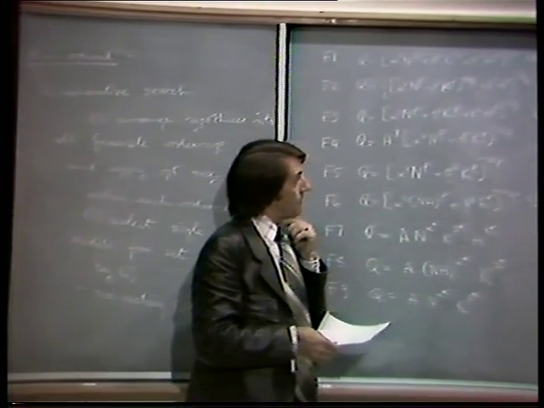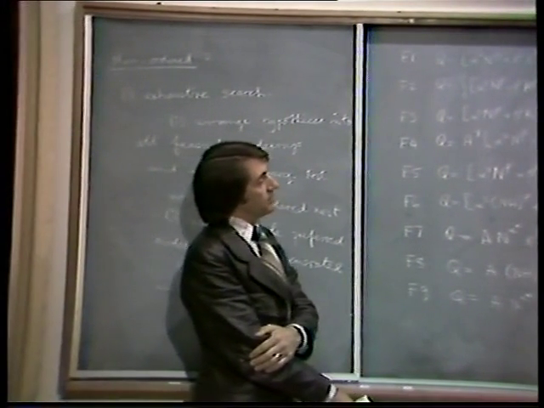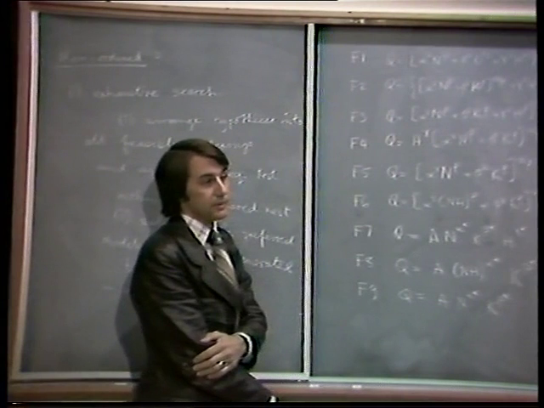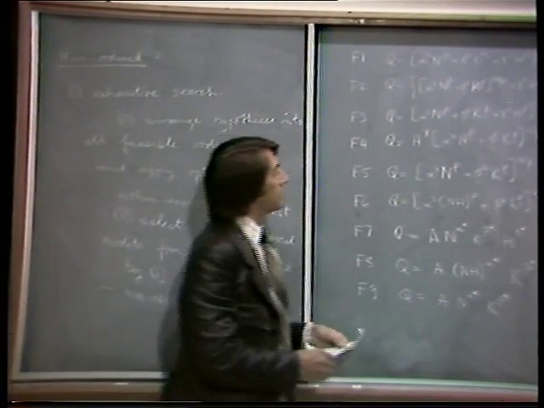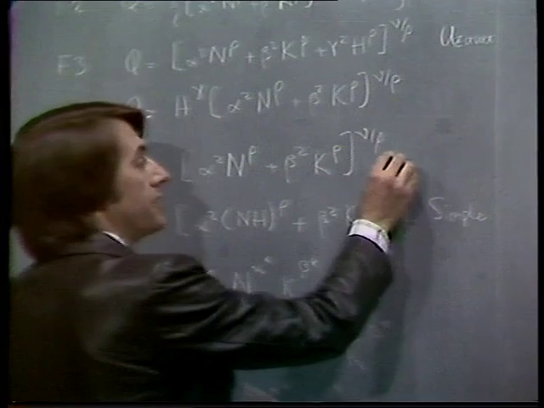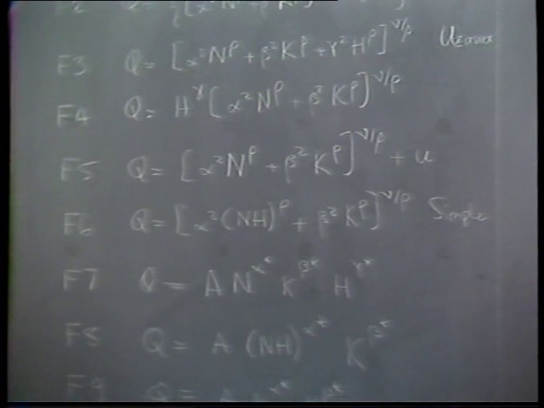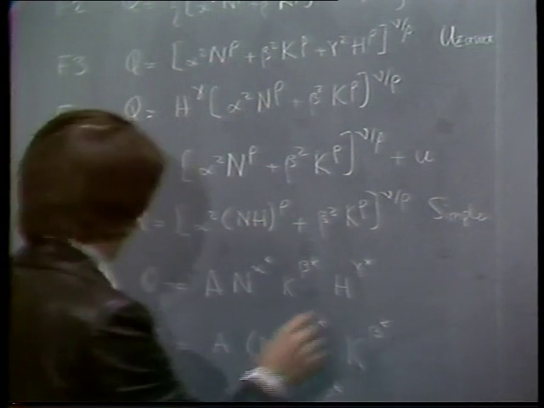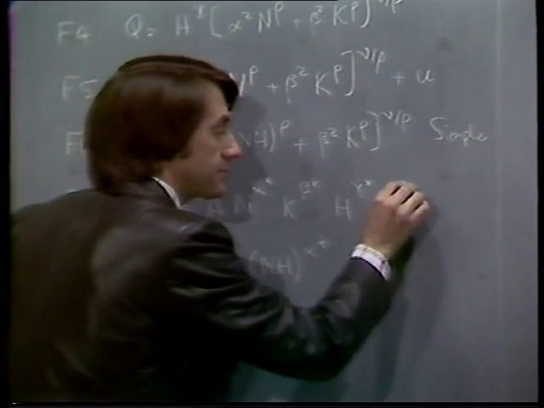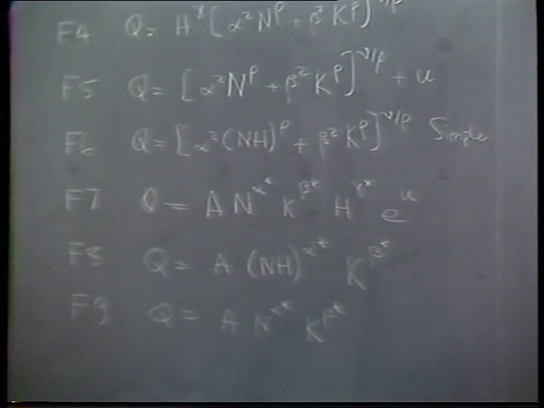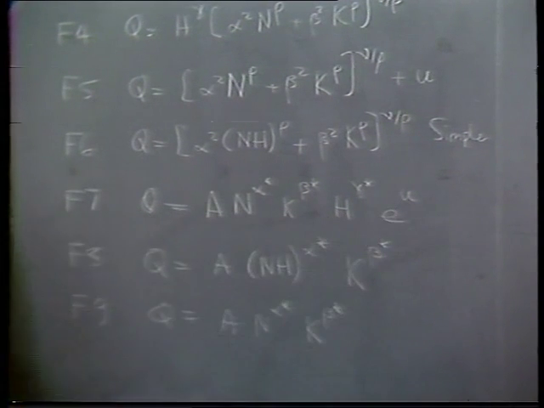In addition, I wanted to discriminate between these models with an additive error and a multiplicative error, so that we could have, for example, the 5th function plus a random error term, or in the case of function 7, we could introduce a multiplicative error term where we have exponential of u.